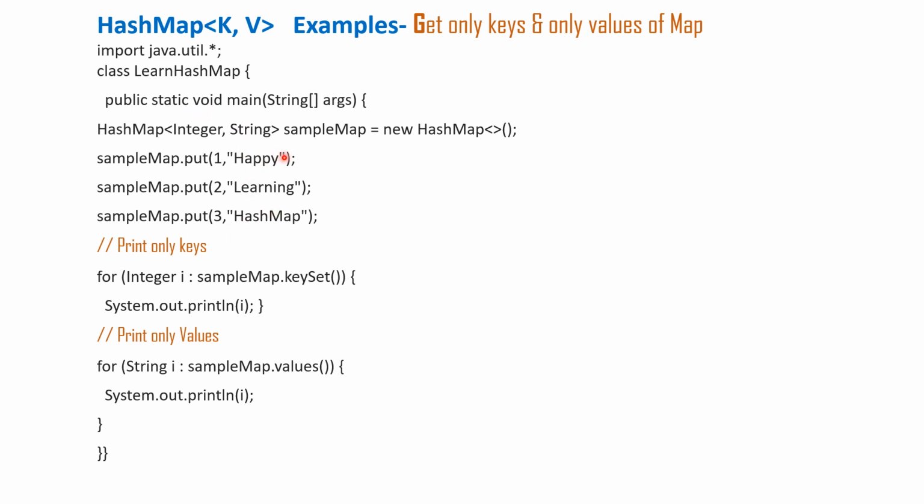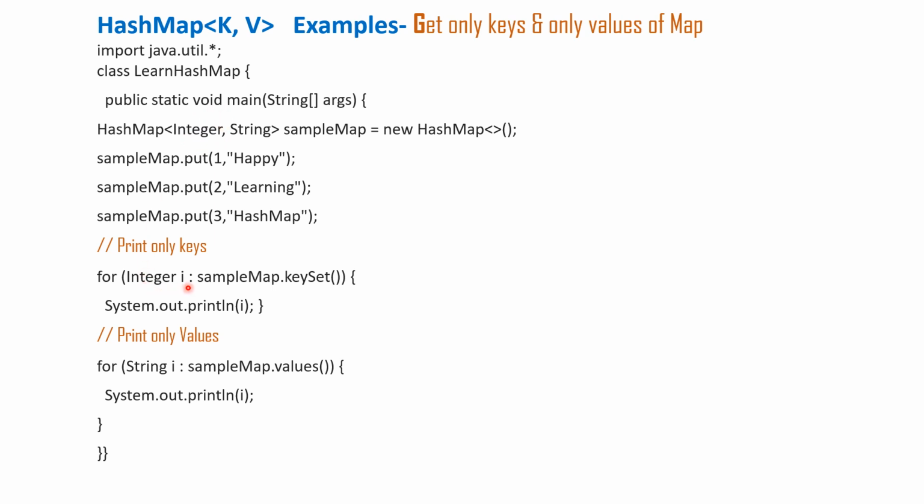We have three entries of data here, and we are printing only the keys. We have to take the for each loop here, integer i. We have to be a little careful here. The keys have the data type integer, so we have to declare integer here.